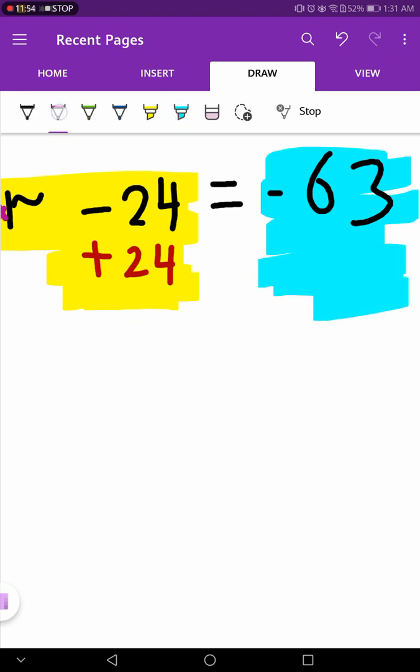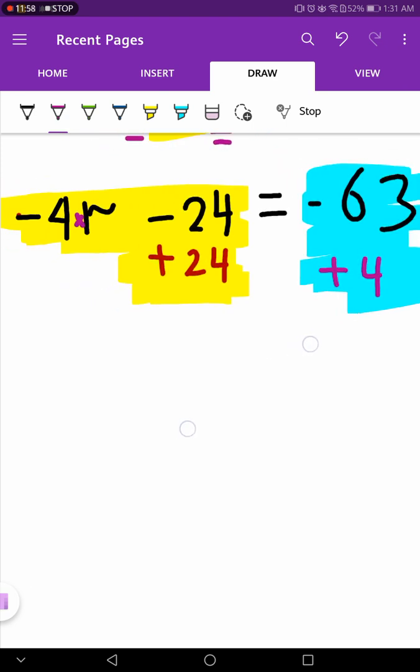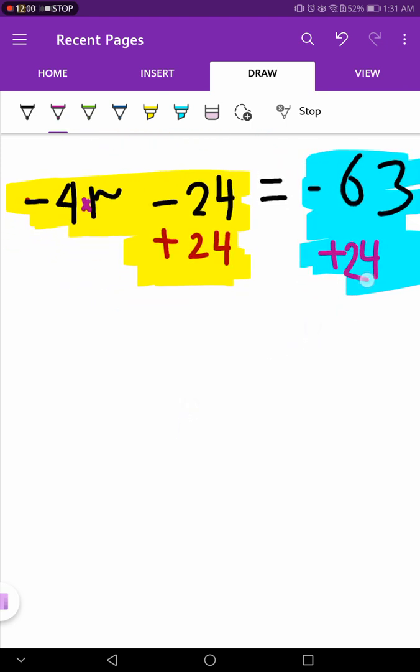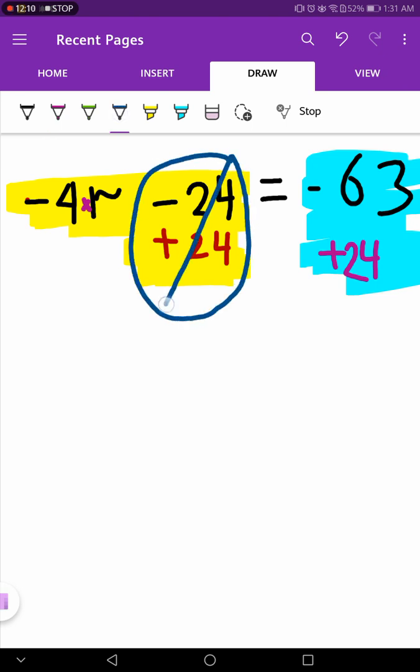Great. Now it is 24. Yes, if I keep it plus 4, I will destroy everything. Now after this part is eliminated, the negative 4r comes down and waits for what happened on the other side.